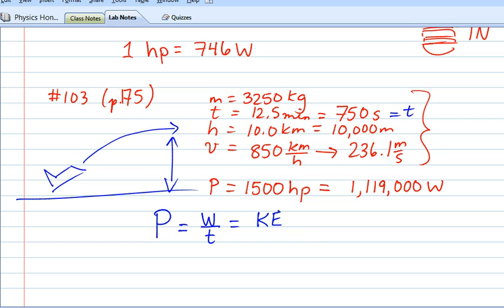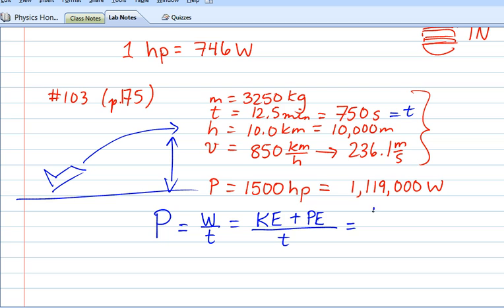It also has to go above the Earth's surface, so it's got to gain energy against gravity. That's potential energy. So that's two different types of work the plane has to do. It has to not only go faster, but it has to rise up into the air. If we add those together and divide by the time, that's going to give us the power.